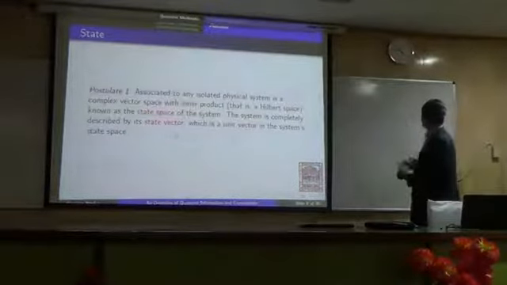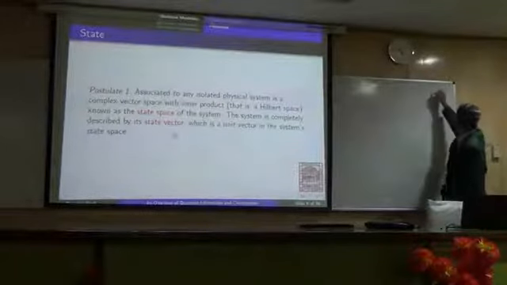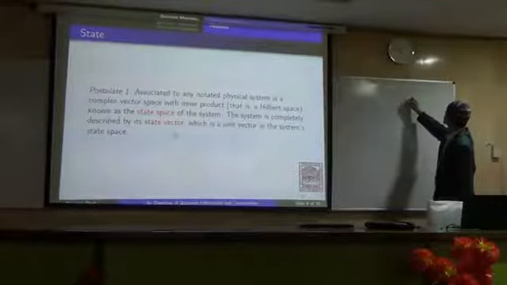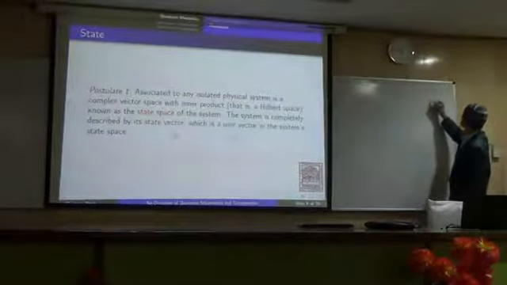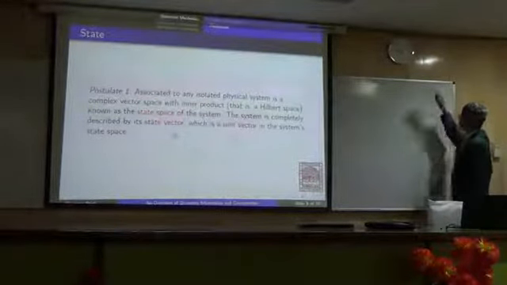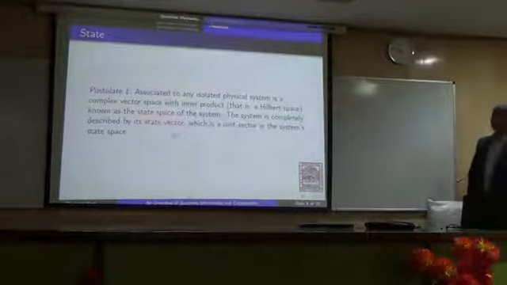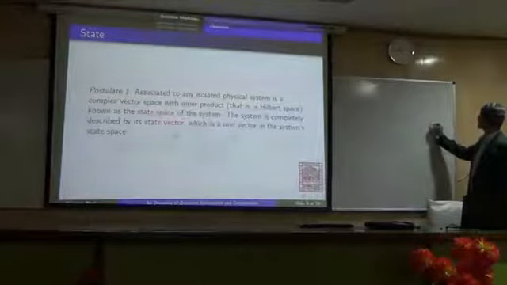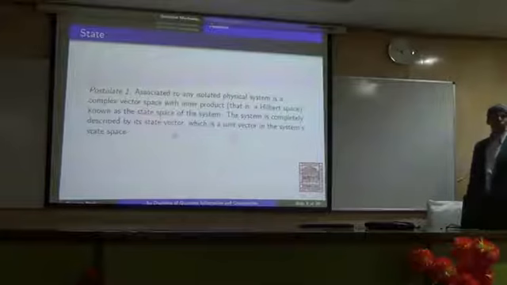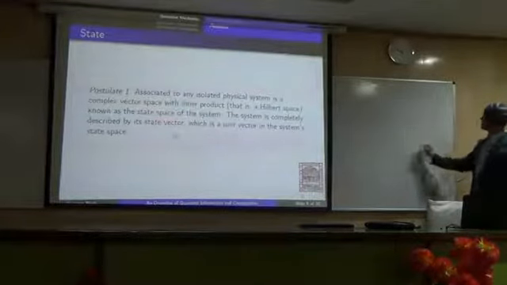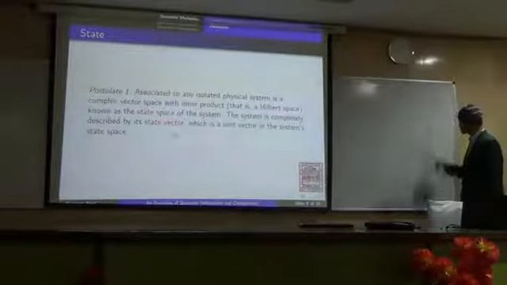Now suppose I have a complex number z1 equal to alpha plus i beta, and another complex number z2 equal to gamma plus i delta, where i is the imaginary unit and alpha, beta, gamma, delta are real numbers. Then I can write one vector as (z1, z2). This is one vector in the two-dimensional complex vector space.